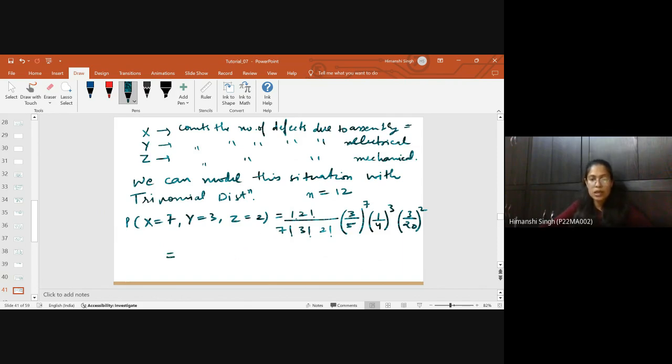So 7 factorial, if I cancel it, will be 8, 9, 10, 11, 12 in the numerator, and here I have 3 factorial, which means 6, and 2. And here 3 by 5 to the power 7, 1 by 4 to the power 3, and 3 by 20 to the power 2.